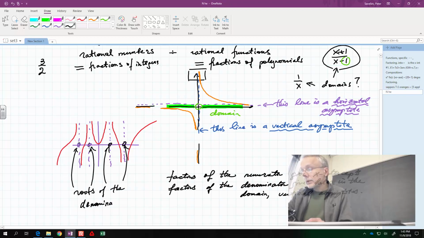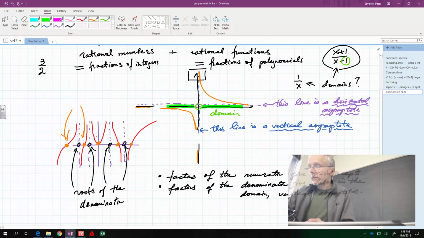In the meantime, to have the complete picture here, what are these? The x-intercepts, and they are roots of the numerator.